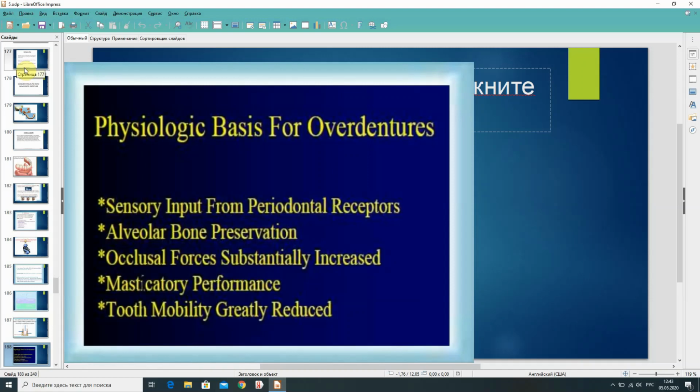Physiologic basis for overdentures: sensory input from periodontal receptors, alveolar bone preservation, occlusal forces substantially increased, masticatory performance improved, tooth mobility greatly reduced.